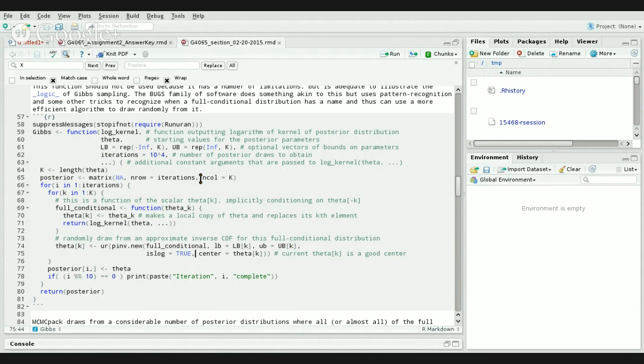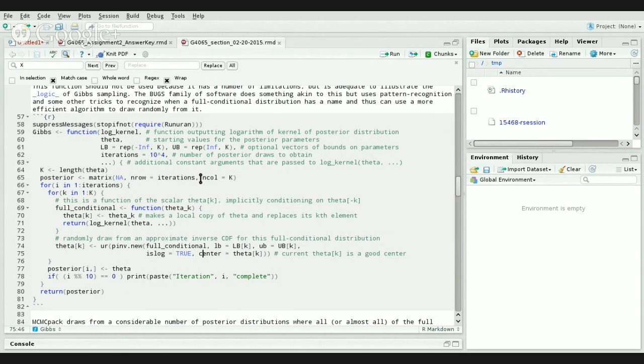And then you just take one draw from that inverse CDF approximation. That's your new theta k, and then you move on to the next one. Theta k plus 1 is going to be conditioned on what you just drew for theta k and what you most recently drew for everything else.